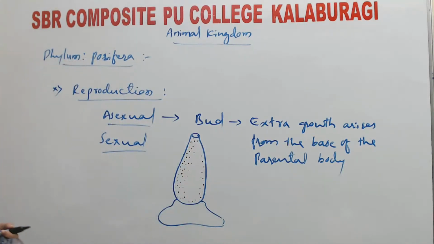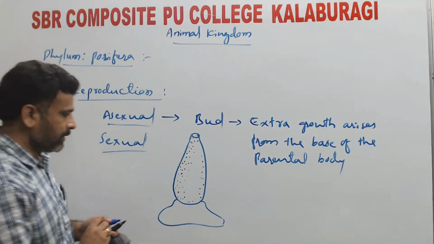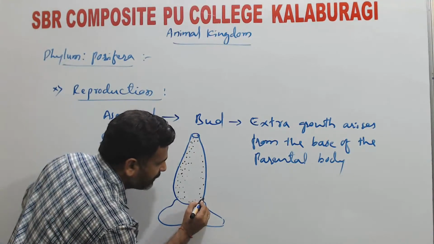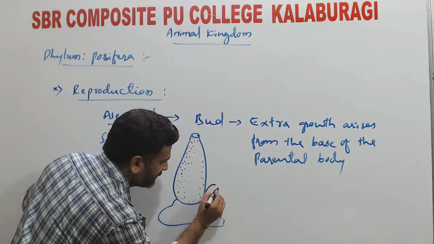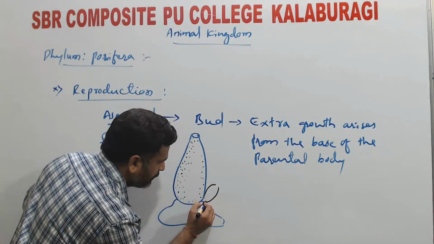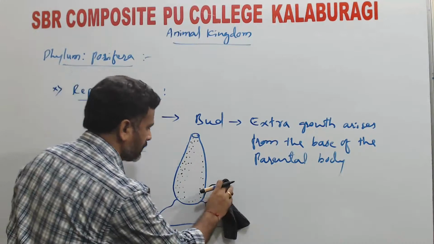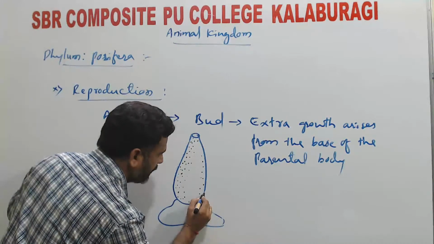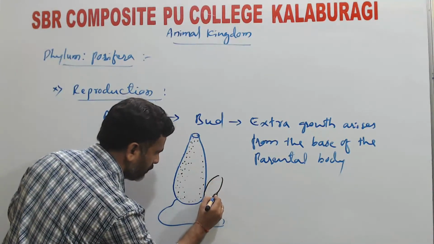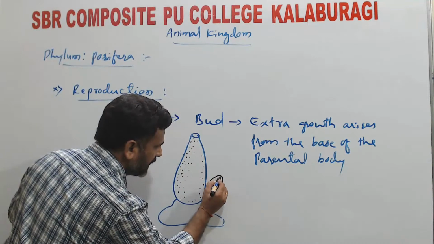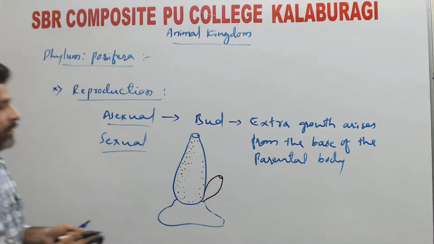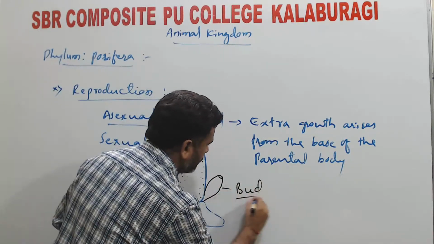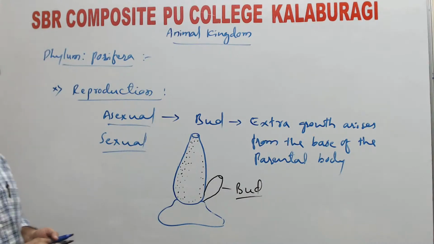So this is one of the sponges. From the base of the parental body, an outgrowth arises. This outgrowth is referred to as the bud.